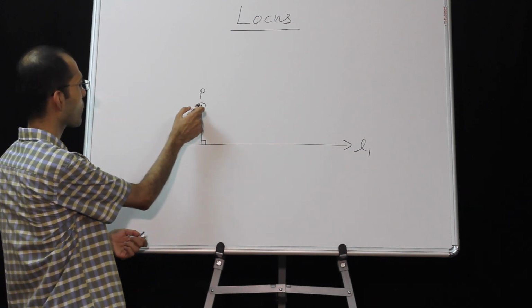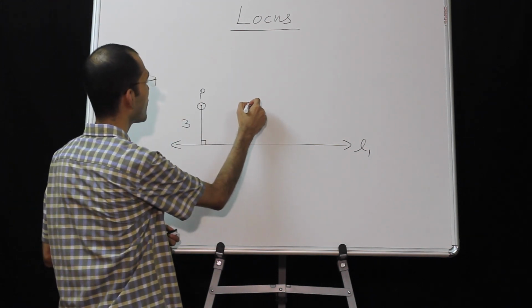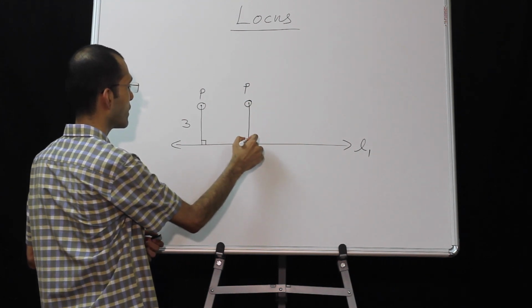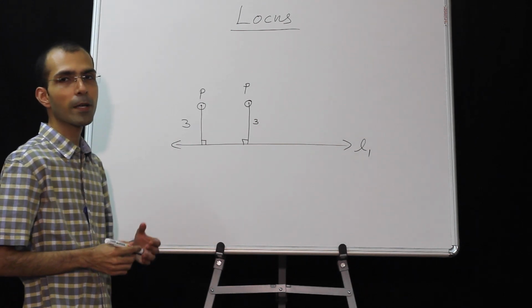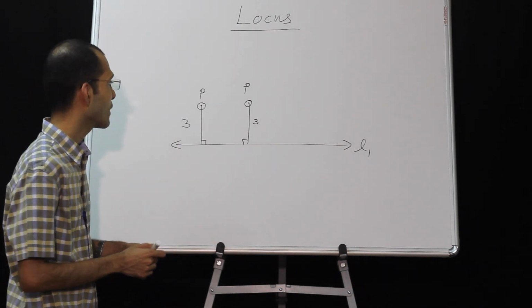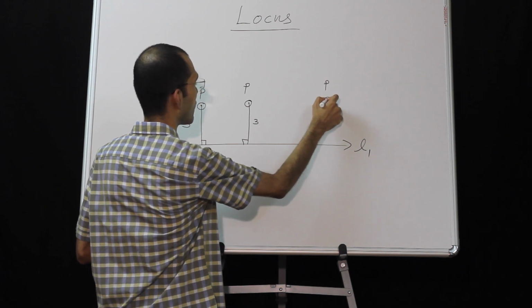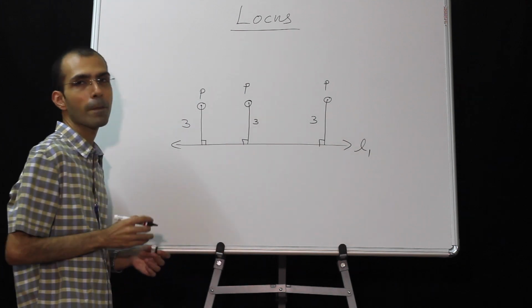So one possible position of this point P is here. We can have P here also in such a way that this distance also should be 3. Now in distance means perpendicular distance. But P can be here also. As long as the distance is 3, no problem.